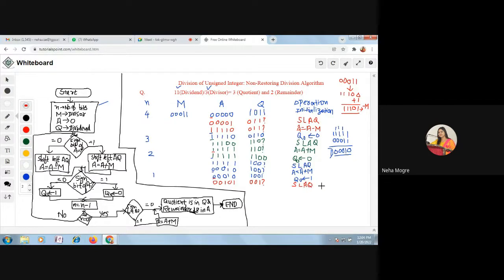Yes, after performing this, what we have to do? We have to do A equals A minus M. So your A is 0 0 1 0 1 plus minus M. Minus M means 2's complement of M. So 1 1 1 0 1.